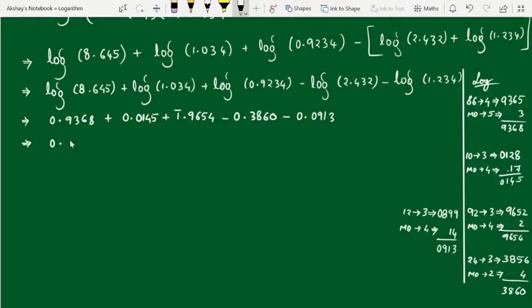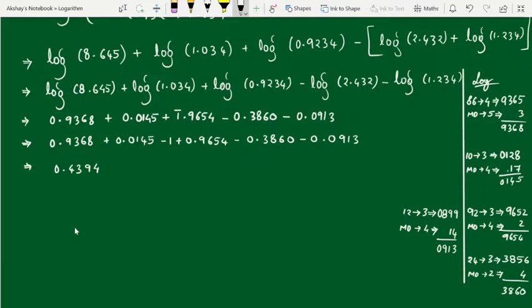So 0.938 plus 0.0145 minus 1 plus 0.9654 minus 0.3860 minus 0.0913. Okay. So if you simplify this, you are going to get 0.4394. Okay, just check this once again.